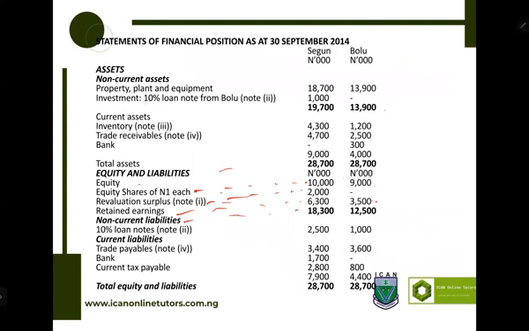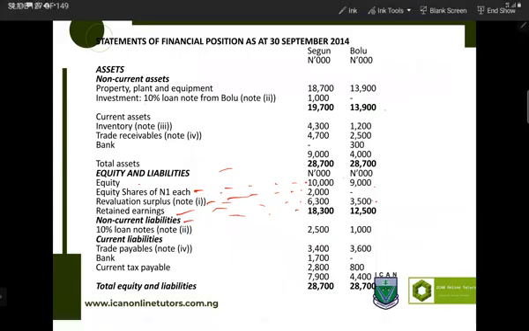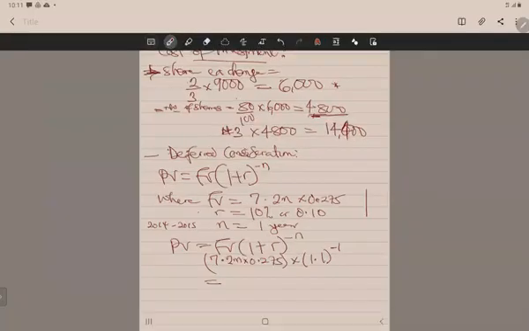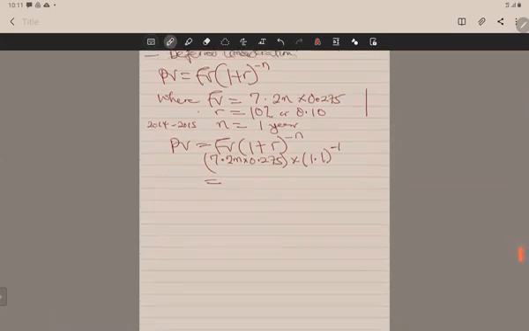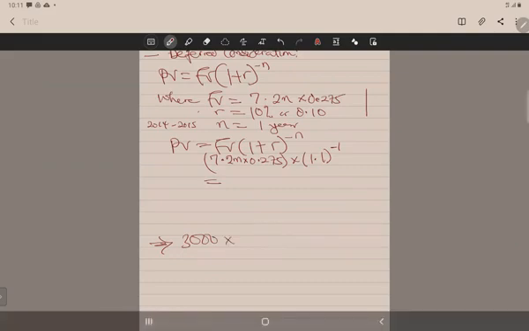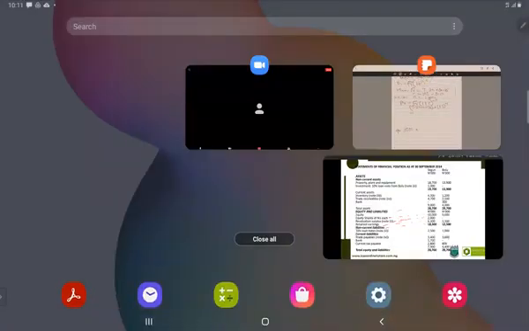Out of 9,000 shares, how many were we able to acquire? We acquired 6,000, and it remained 3,000. That 3,000 that is not acquired, 3,000 multiplied by what is the value of the Bolu shares?